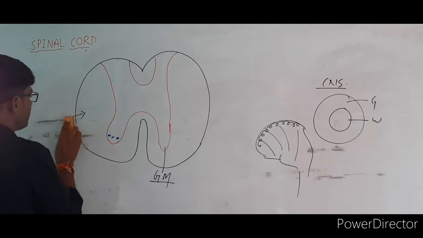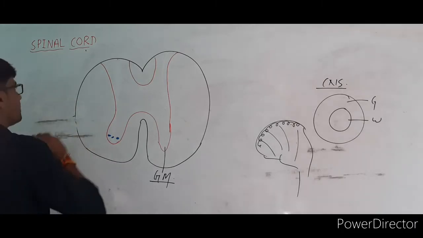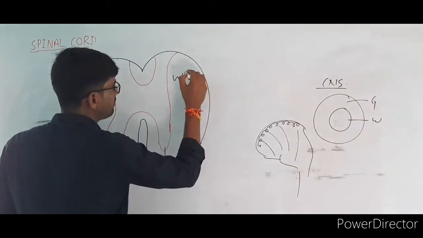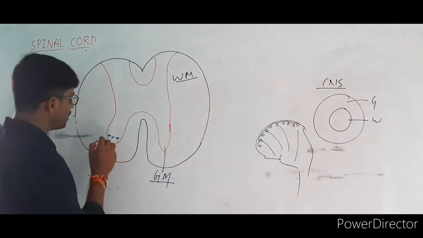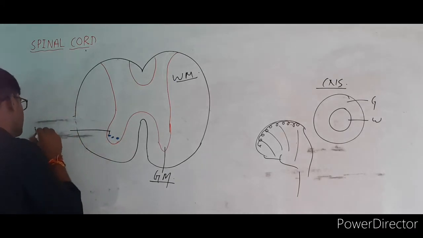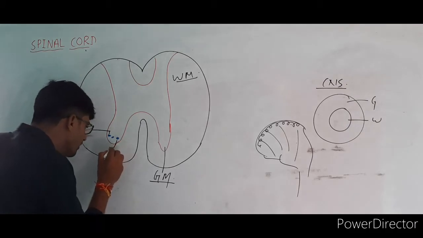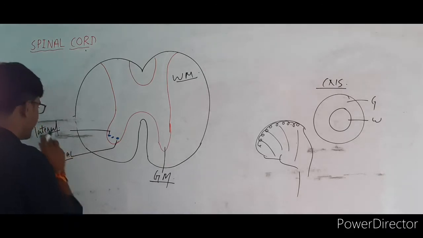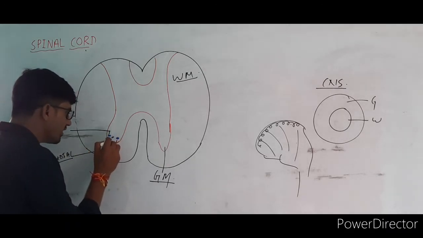Here, this is the white matter. This is the lateral, so this is the lateral nucleus. Here is the middle, so this is the medial. Here is the lateral and this is the intermediate.